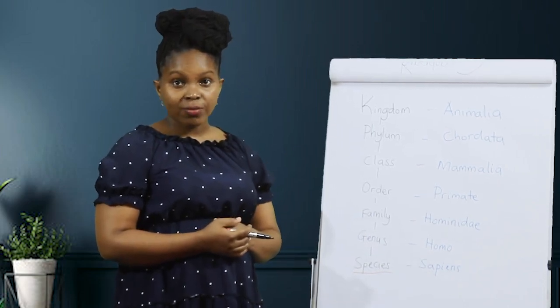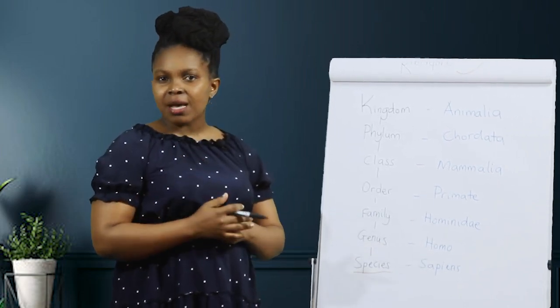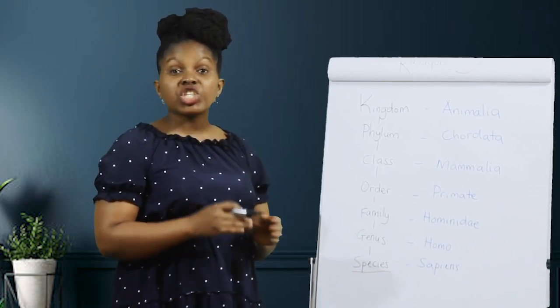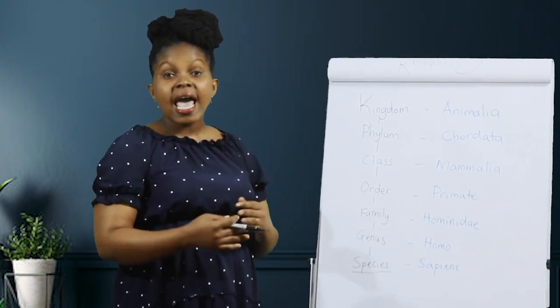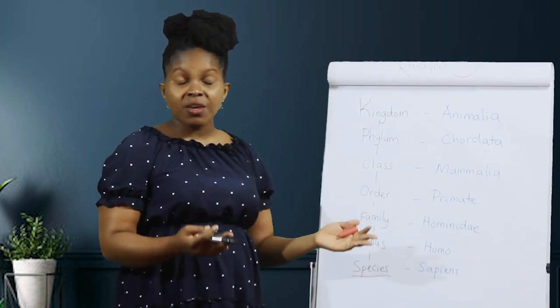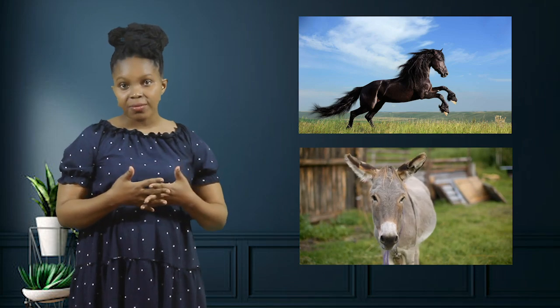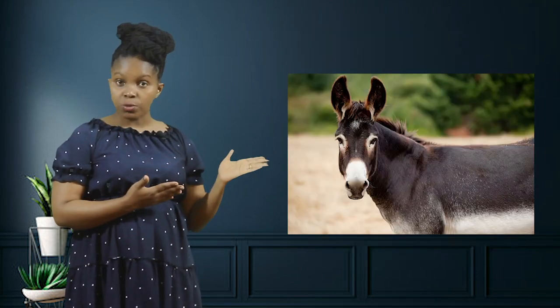Now, there are some exceptions. There are some species which can interbreed although they are in different species. There are few exceptions to this rule. Taking for example, a horse and a donkey can interbreed, and when they interbreed, they produce a mule.